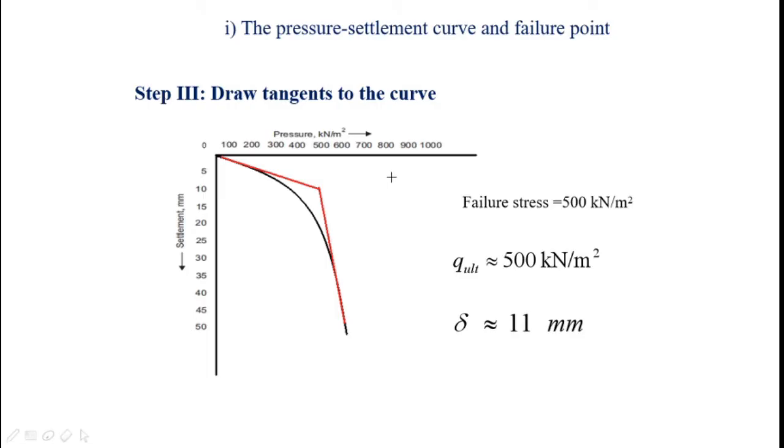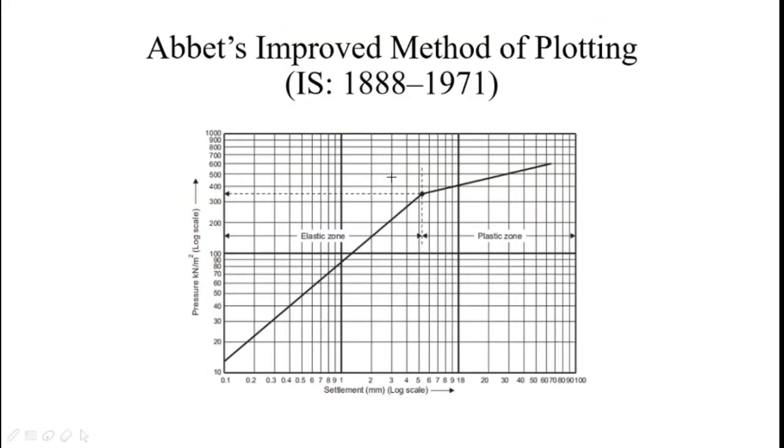So there is an improvised method of doing this entire procedure of determining the failure point. That improvised method is called Abbott's method of improvised plotting. This method is also recommended by Indian Code IS 1888 1971.